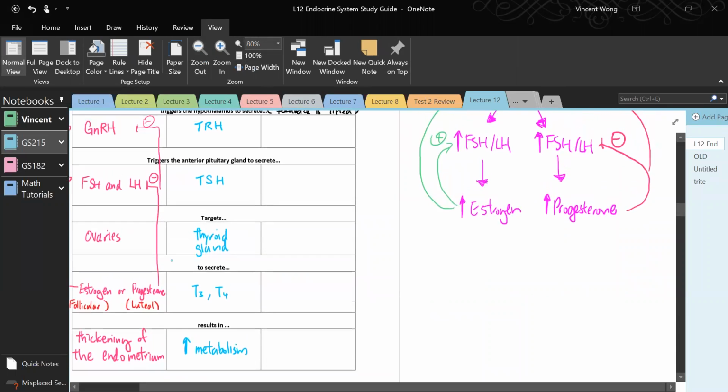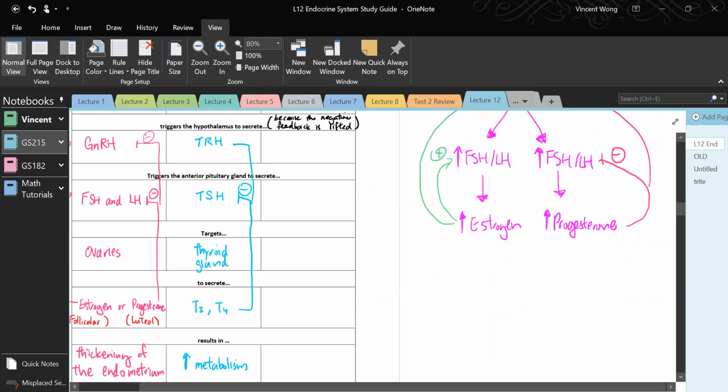But just like the progesterone, T3 and T4 are going to go back and put a brake on the secretion of TRH and TSH. Our metabolism is already normal. We don't need more T3, T4 to further elevate it. We're going to suppress it.